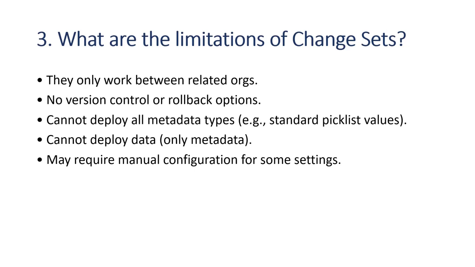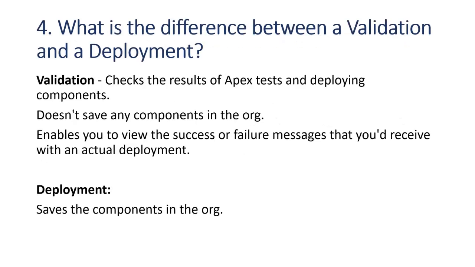If we want to deploy data, we have to use other tools like Data Loader, Workbench, or there are other sets of tools available for migrating the data. And we may require some manual configuration for some settings in order to deploy the changes from one org to another org.